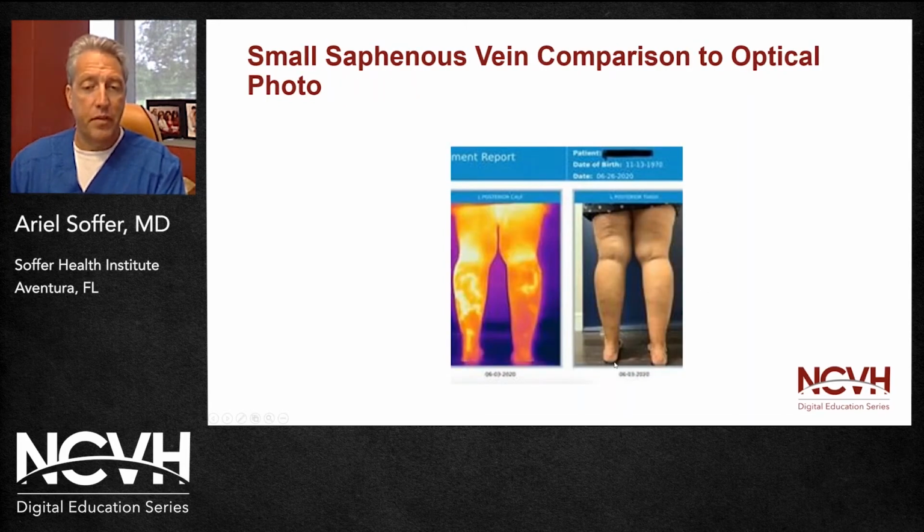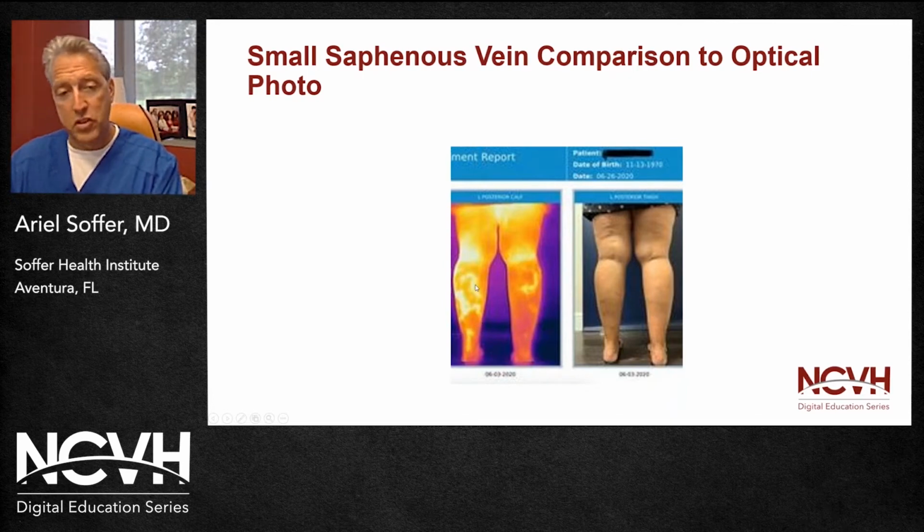Similarly, in the small saphenous region, another patient had really no visible veins optically on either side, but under thermography showed tremendous venous insufficiency that was corroborated by ultrasound on both legs. So the small saphenous lights up very clearly.